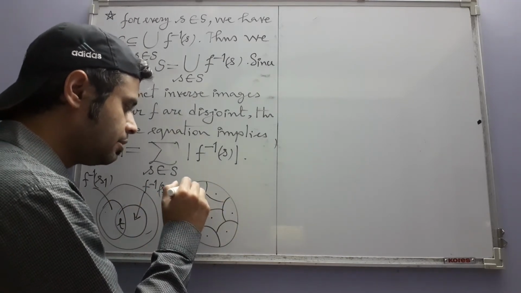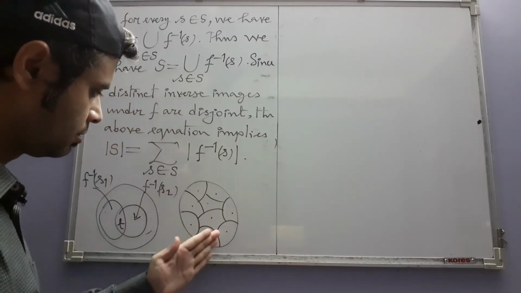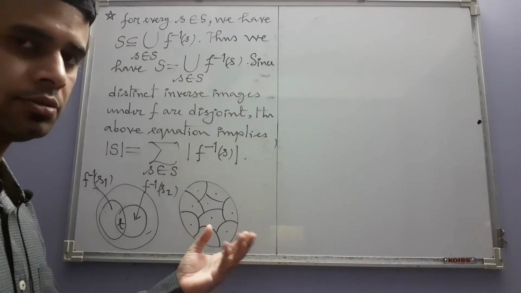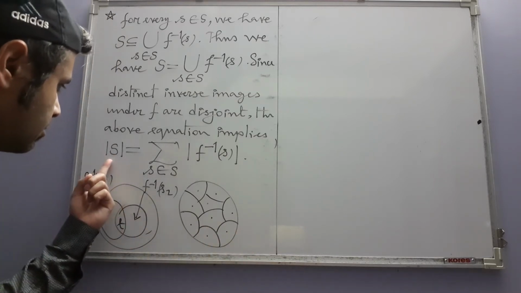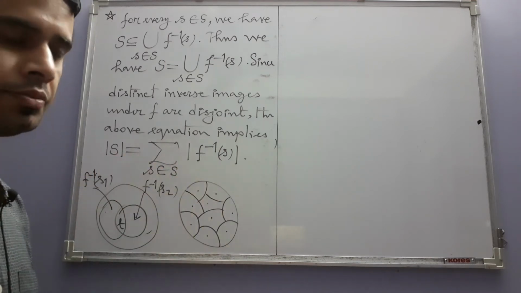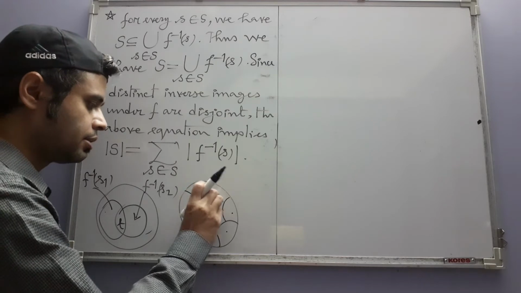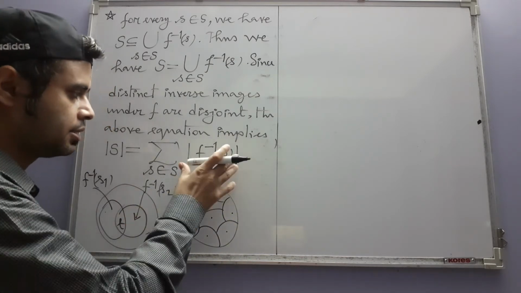Whether non-empty or not, this splitting of S into disjoint rooms allows us to measure the number of elements in S in this way. You just calculate the individual number of elements in the inverse images and add them up.